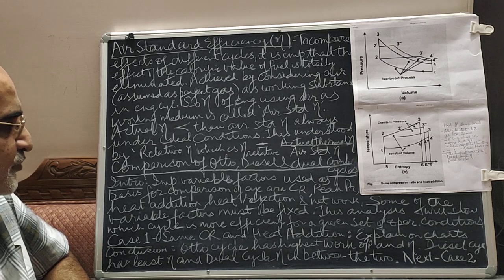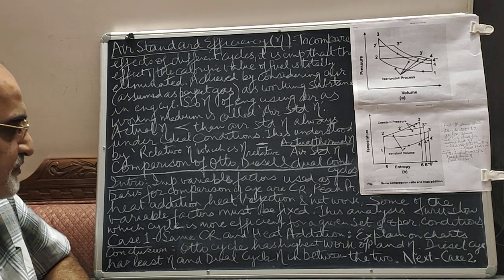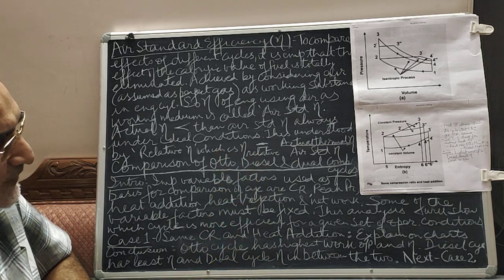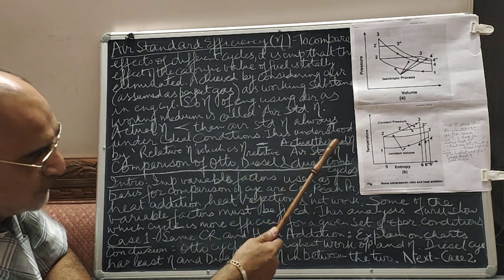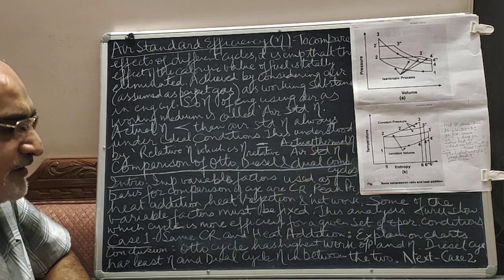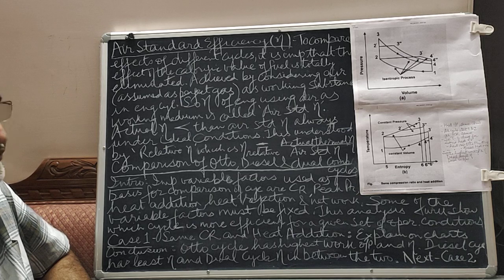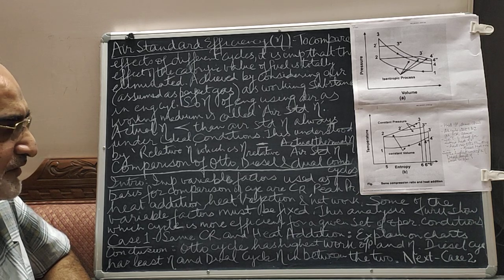This relative you must have studied a lot in the earlier semesters. Relative efficiency is nothing but the actual thermal efficiency of that particular cycle compared to the air standard efficiency. It will always be less than 1.